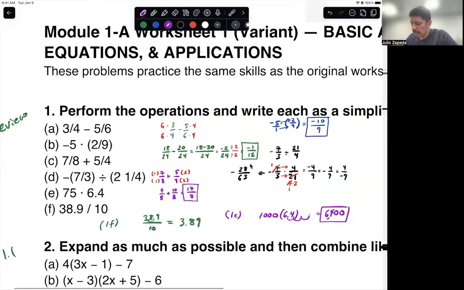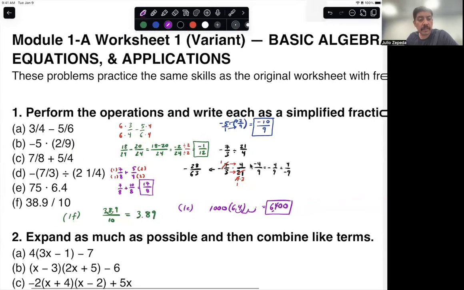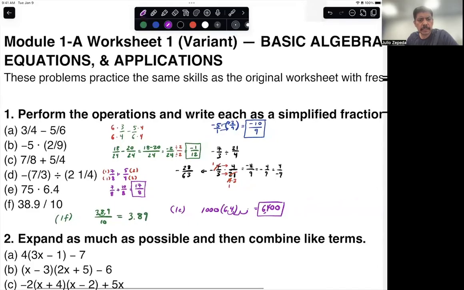Now, in this problem that I got here, it's actually not a power of 10. It's 75 times 6.4. So we could go over that as well. Let's see if I can remember how to do this. 75 times 6.4.